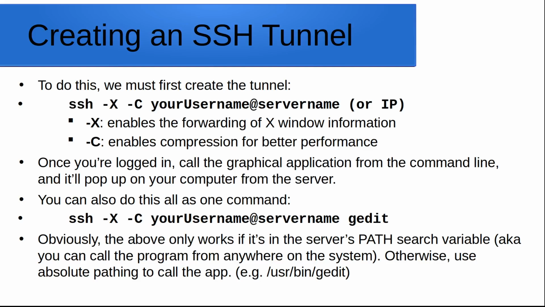So to do this, I just issue SSH with a couple options. -X, which enables X11 forwarding, -C, which enables compression that gives you a bit better performance, and then followed by your username at the server name, and you're logged in. And when you initially log in, you don't get a graphical anything, you just get a terminal, right, on the remote machine.